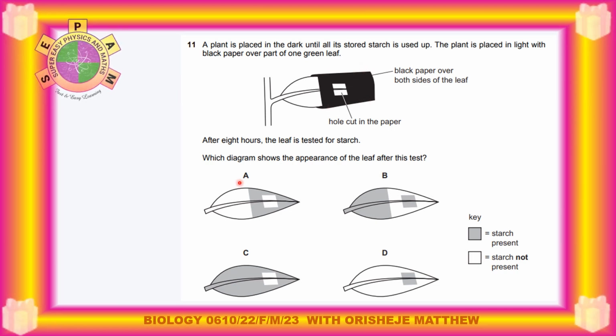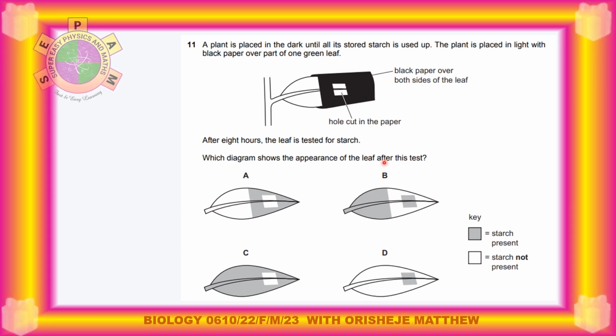So look at the key. If starch is present, that will show you the white part. Then at the end, this part here will remain white, not affected by the iodine. If you test it with iodine, the part with starch will turn blue.